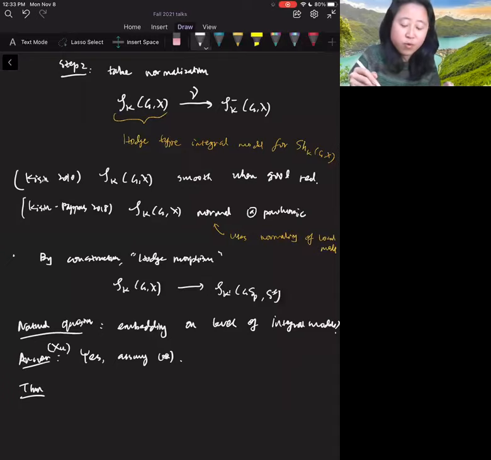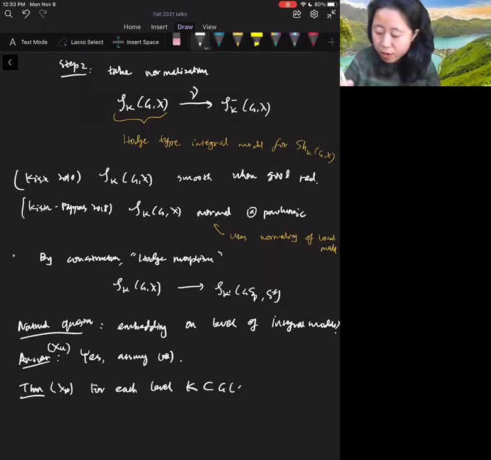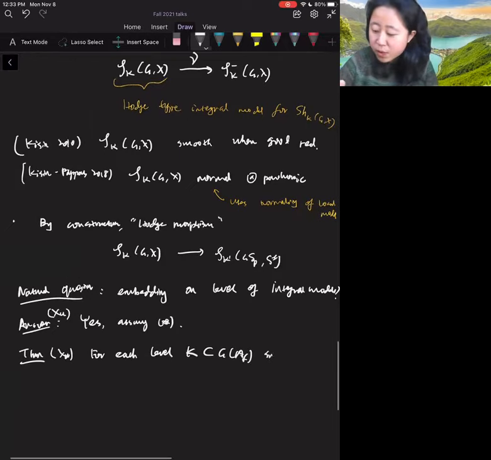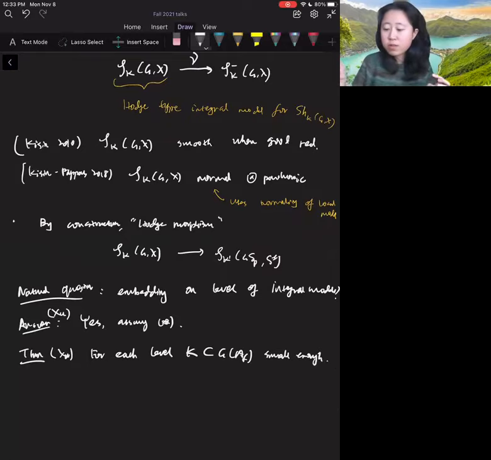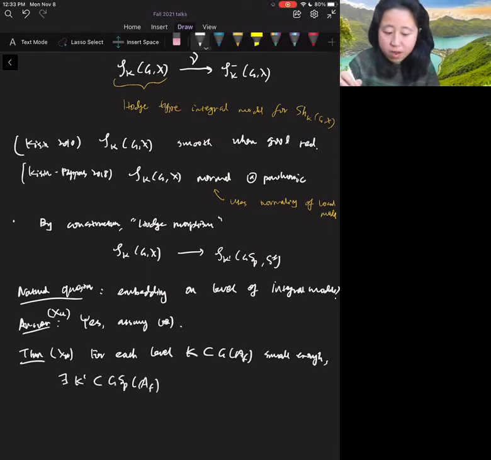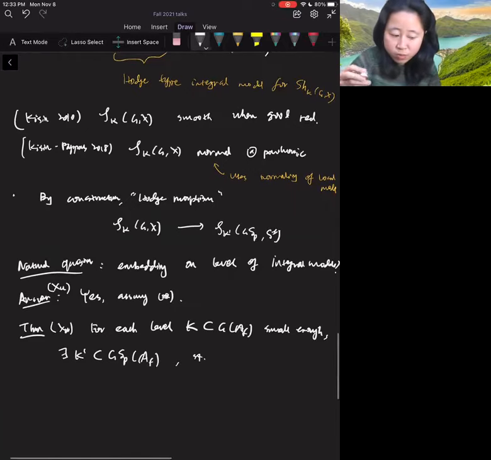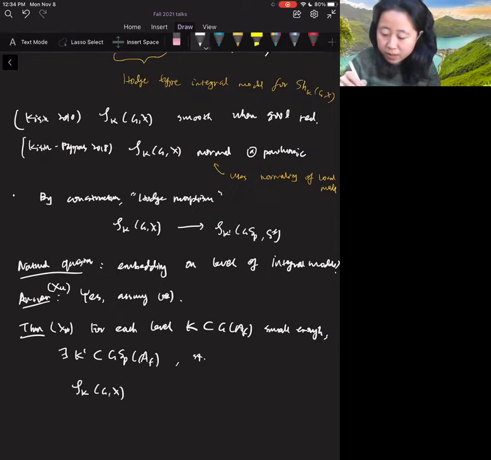More precisely, what my theorem says is that for each level K of your Hodge-type Shimura variety that is small enough, where small enough just guarantees that the integral models you're dealing with, especially the Siegel integral model, have a nice modular interpretation in terms of moduli spaces of abelian varieties, there exists some level K prime for the Siegel integral model such that the corresponding Hodge morphism is a closed embedding.